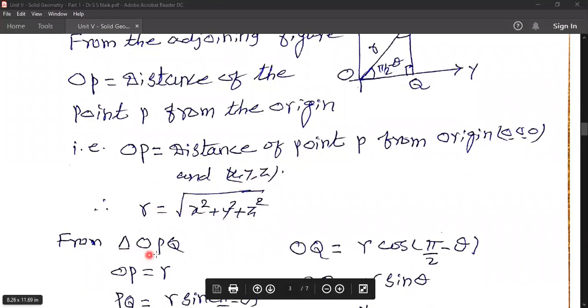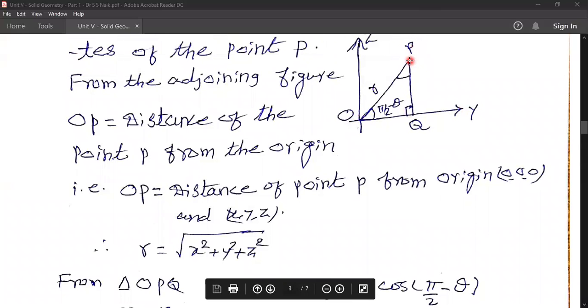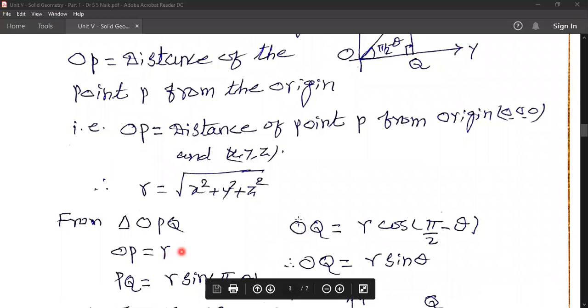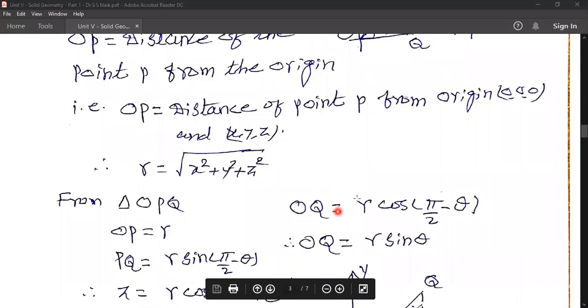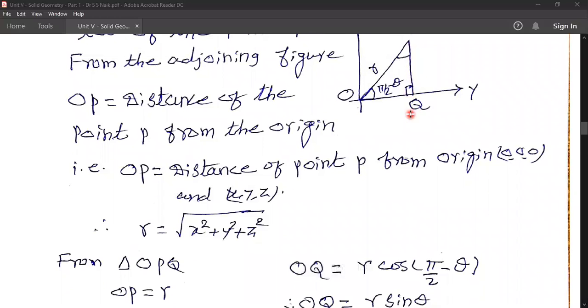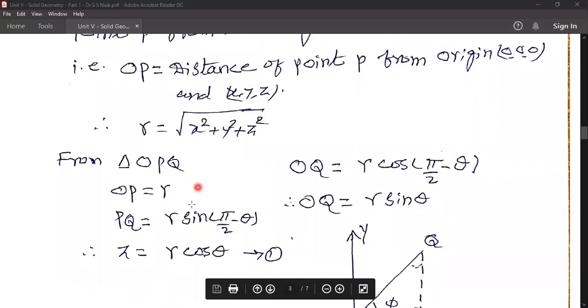Then from the triangle OPQ, this is O, this is P and this is Q. OP is equal to r and PQ is equal to r sine of pi by 2 minus theta. That is, PQ is equal to z.